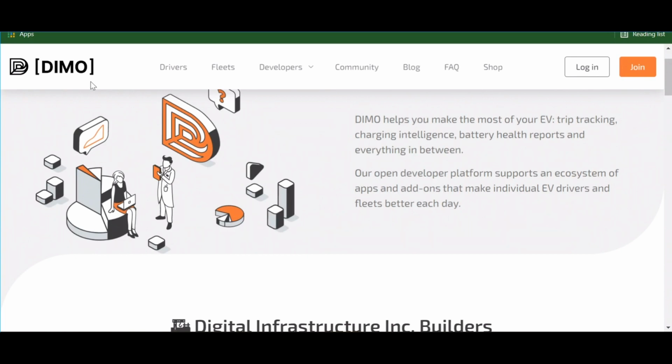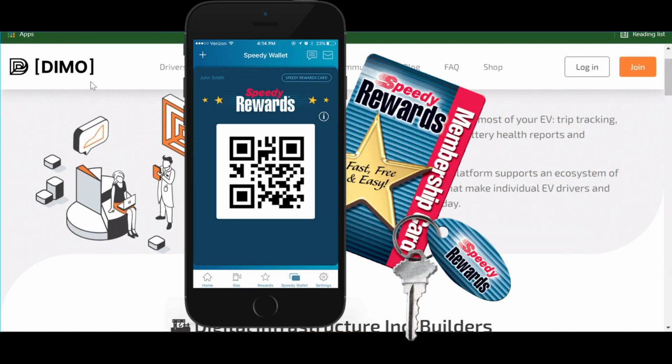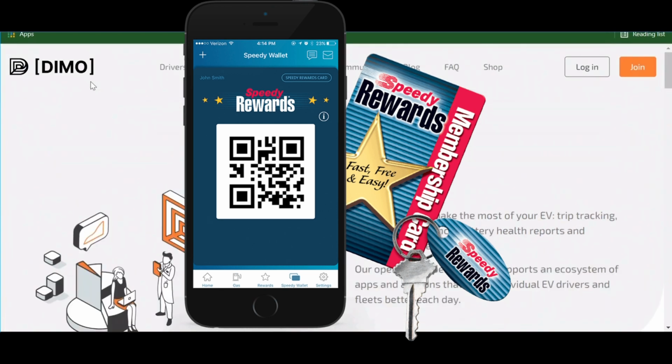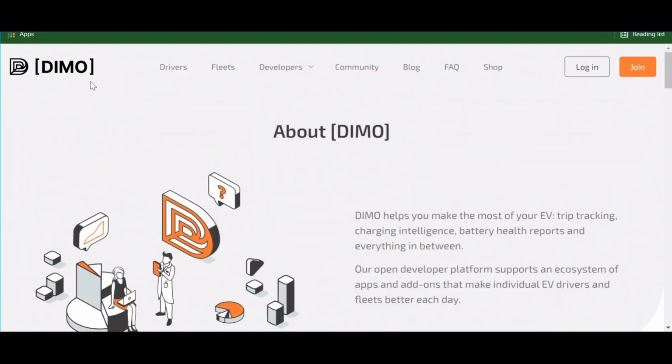You'll get like a little plastic card in the mail. Or they're trying to hook it up with your Speedy Rewards card too. Maybe your Speedy Rewards card, you can hook it up to it. And then as you drive, you'll earn these Dymo tokens. You can just go in the store and redeem them for gas, cigarettes, and stuff like that.